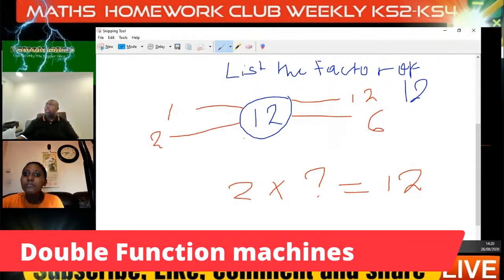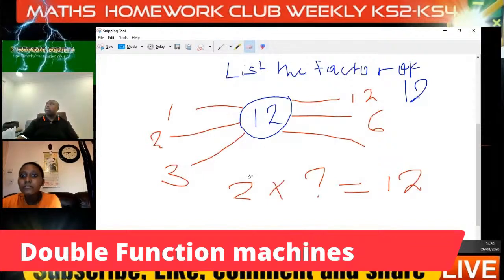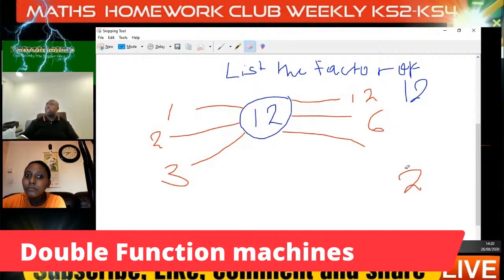Okay. Next. 3 times what number equals 12? 3 times a number equals 12. What is that number? Come on, Denzel. 3 times a number equals 12.